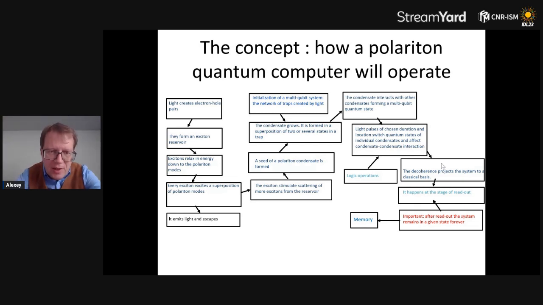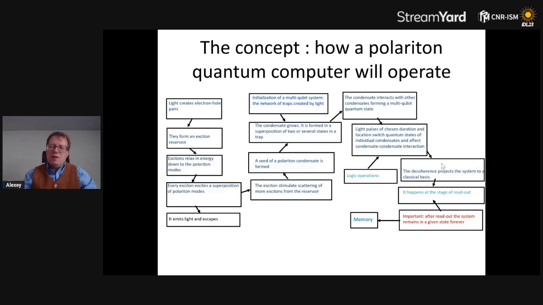I'm not sure I have time to read all this, but basically the idea is that you have non-resonant optical pumping that just creates electron-hole pairs, and it creates also the network, the potential on a planar microcavity. So with light, you just draw the potential. And in this potential, your polariton condensates start forming.